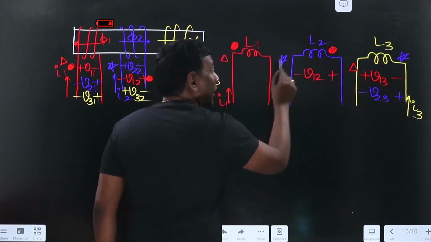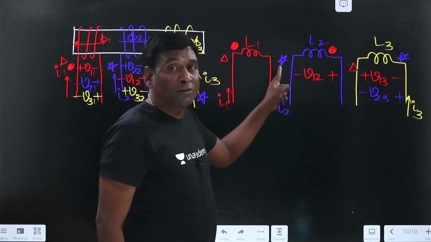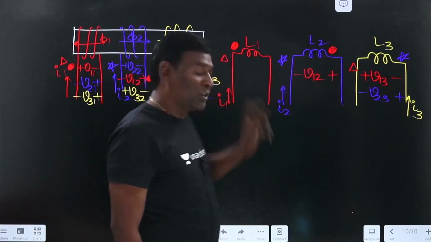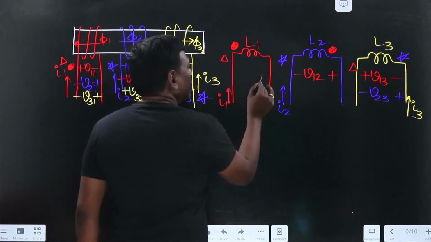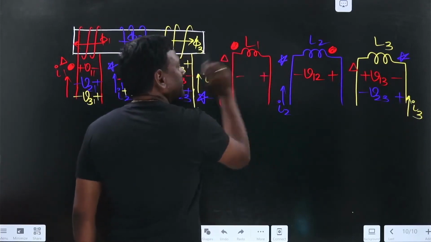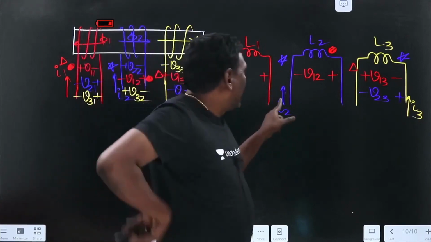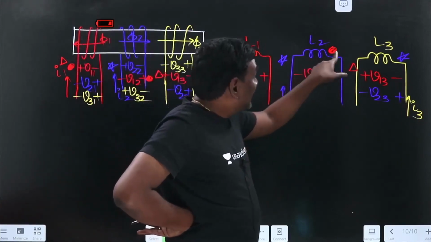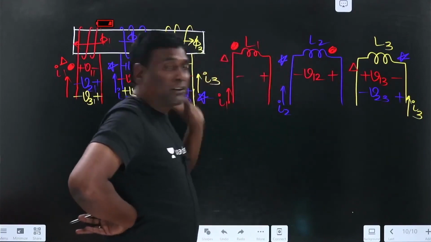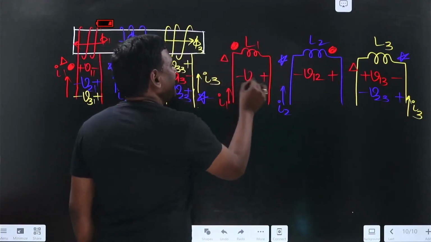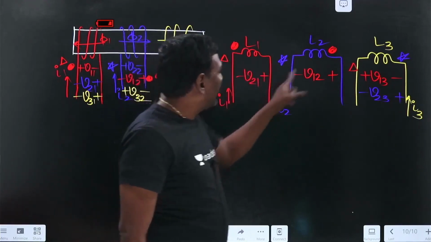I2 is entering into undot of circle, so undot of circle should be positive with respect to this. See here guys, relax. So this is going to be V because of 2 in 1. So I2 is over.